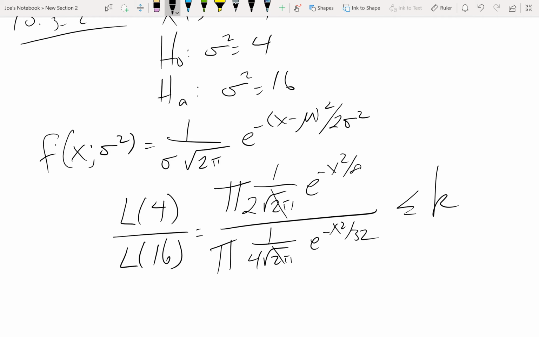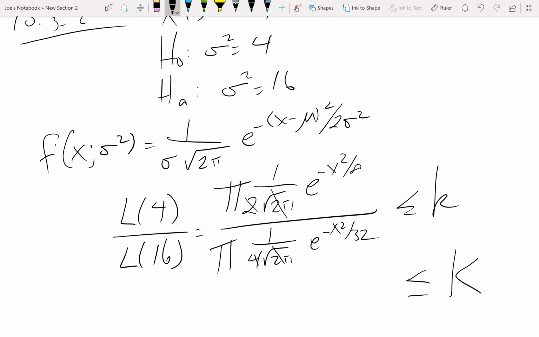Well, notice that when you do the log, it breaks up this 1/2 and this 1/4 as a constant piece, right? And all we're going to do is just move that to the other side anyway, aren't we? So I might as well just say this is less than or equal to some big constant on the right-hand side and get rid of these things too, right? There's no reason for them to hang around.